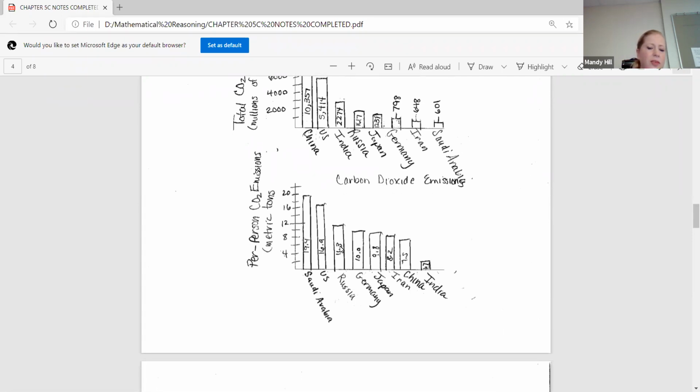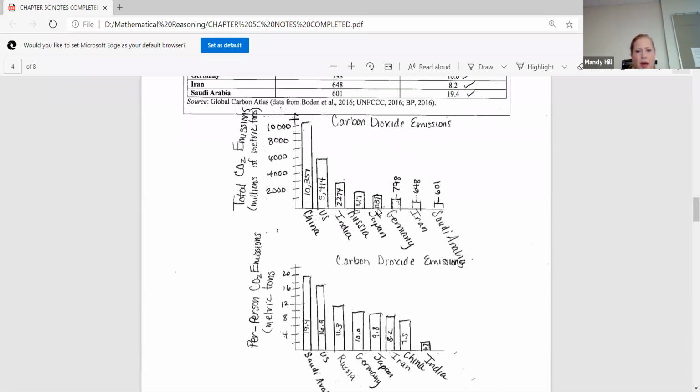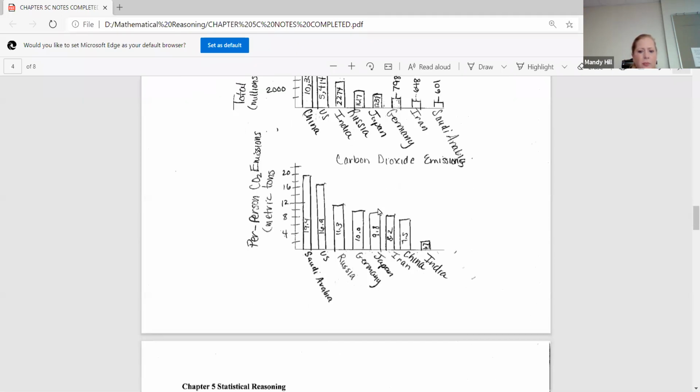So I don't know that this data is right, but you can tell from this that Saudi Arabia would have a real big problem. As far as land goes, it's very small compared to the United States, yet they've got this much pollution per person, 19.4 metric tons per person. That's kind of crazy. If I was comparing those two things, I would notice that. But that's how you would label those graphs.